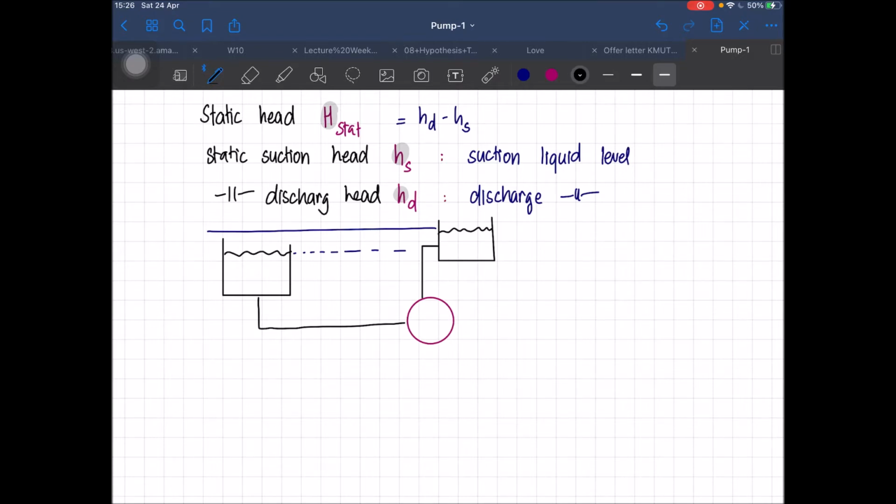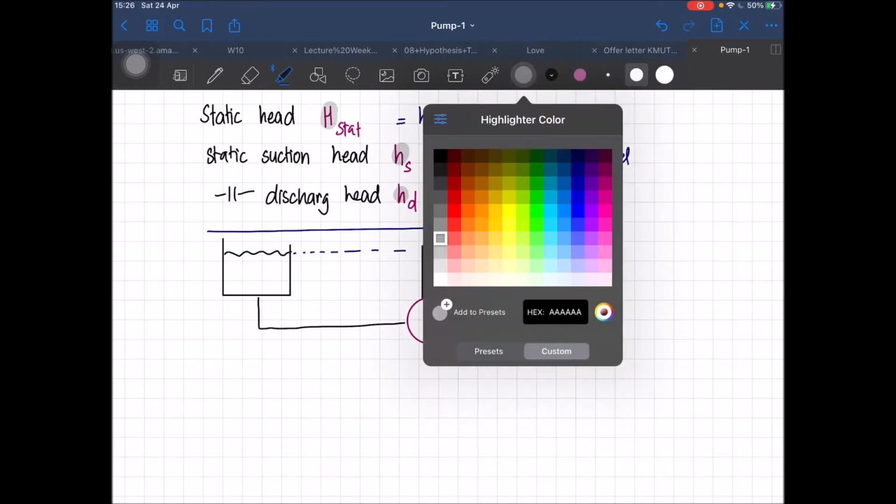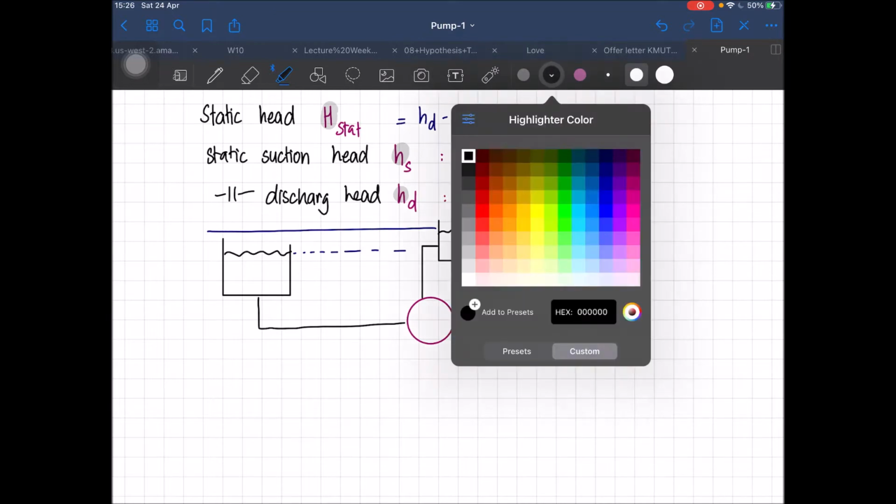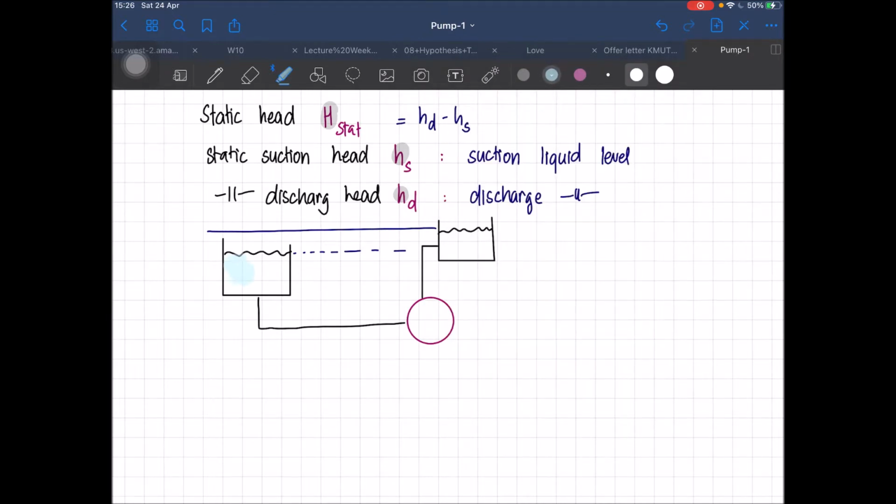Now we have two surfaces, the surfaces of the water. This is the water, and this is the water. Here is the static suction head.